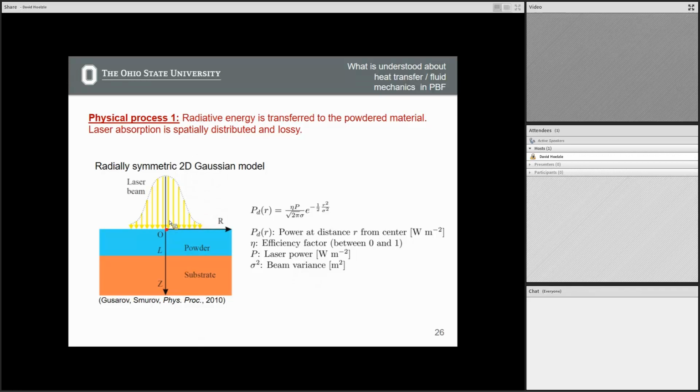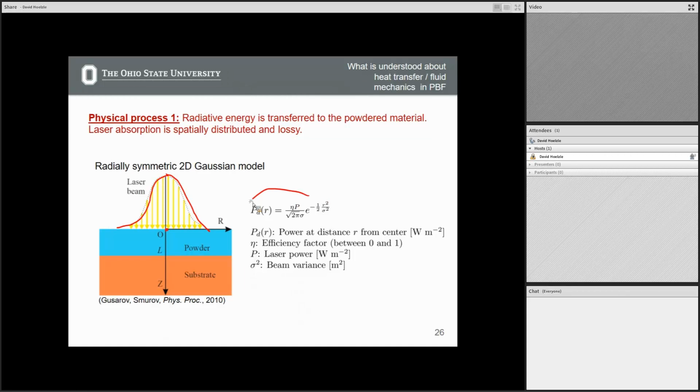It then is distributed in a Gaussian fashion. Keep in mind that a Gaussian function has a finite value at infinite distance from that center, right? So oftentimes in these models, they truncate this Gaussian once they get past a few sigma of this Gaussian, just to simplify their analysis. But this would be the Gaussian profile.